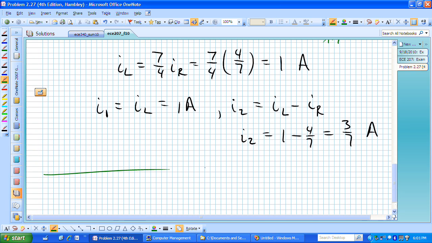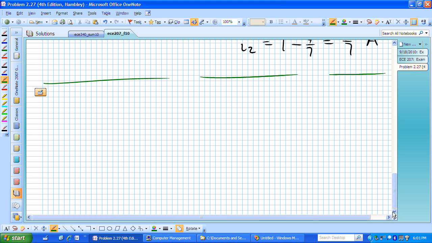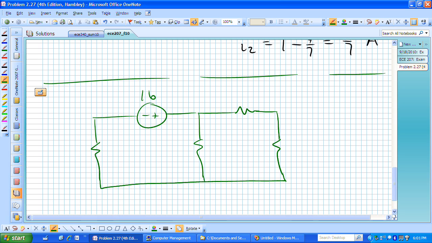Another way, which might allow you to see the solution more clearly or check your work as you go, is to actually combine some of these resistors, if we can, and analyze the circuit in a slightly different manner, and then back out the information that we need after we've found the initial values from our collapsed circuit.